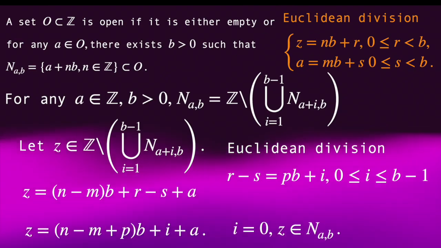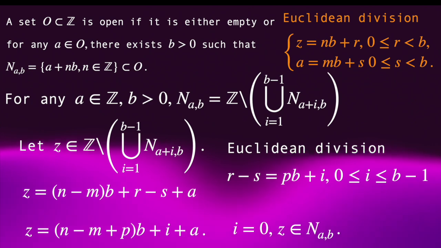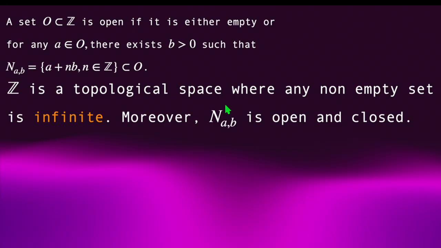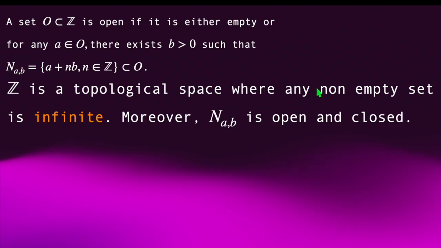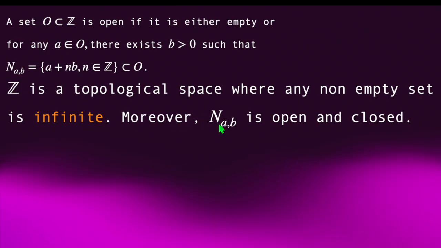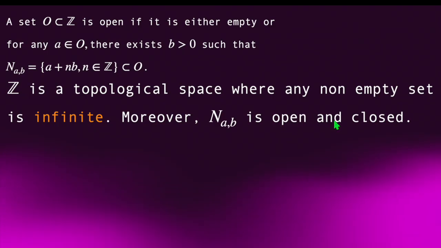And we get I equal to 0 and Z is in NAB. And we have shown this property. So so far we have shown that Z is a topological space, and any non-empty set is infinite, and NAB are open and closed.